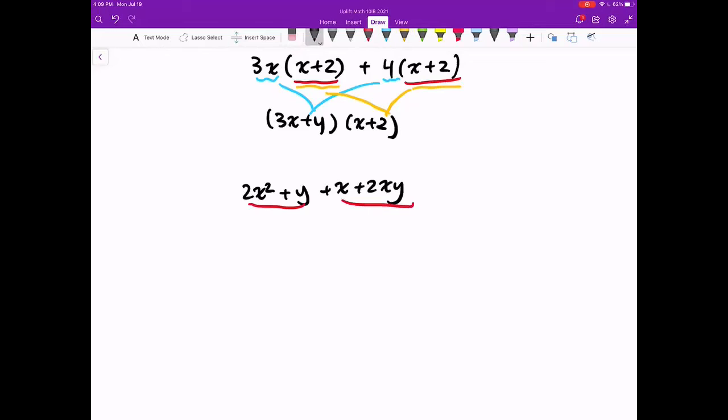And we can see that there is a little bit of a problem when we create that group, because in the first group we have 2x squared plus y, which we can't take anything out of. And then in the last group we can only take out x, and that only leaves us with 1 plus 2y. So we see that this grouping isn't good, so we just choose another grouping. So maybe we can alternate it a little bit. We can group 2x squared with x, and then 2xy with y.